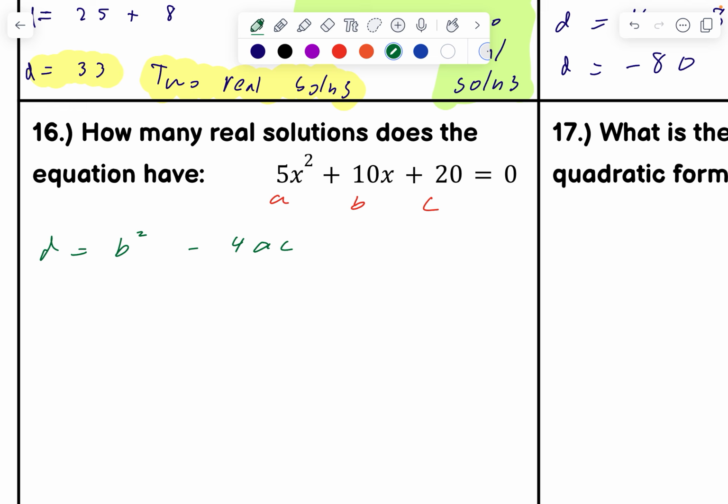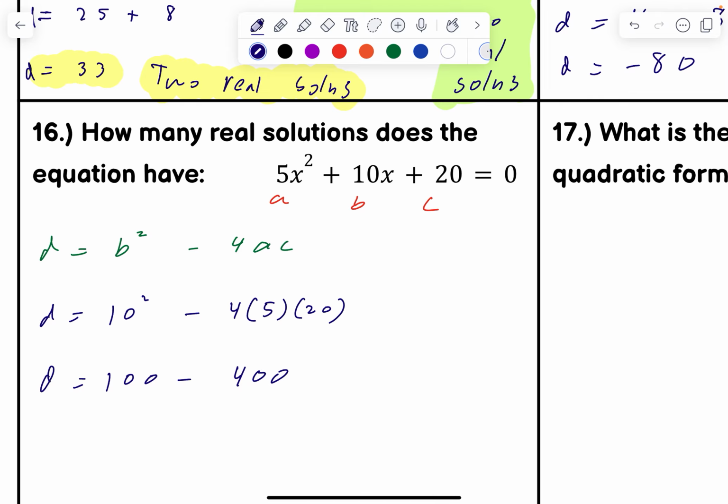The discriminant here is going to be equal to B squared, or 10 squared, minus 4 times 5 times 20. D equals 10 squared is 100 minus 4 times 5 is 20. 20 times 20 is going to give us 400. And the discriminant is 100 minus 400, in other words, negative 300.